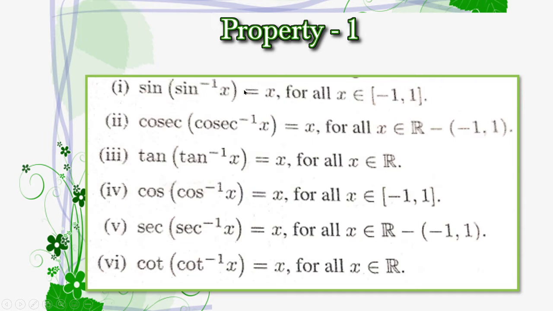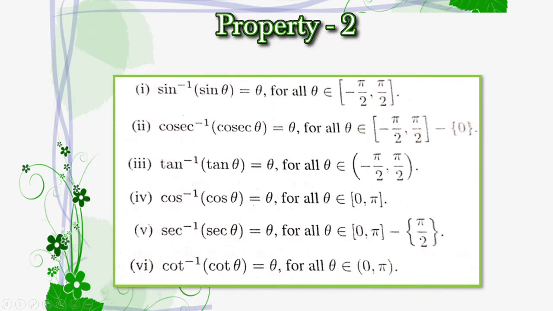It will give us x in return when our domain is -1 to 1 in the closed interval. Basically, if you observe here, the domain of this function is sine inverse x, and what is the domain of sine inverse x? That is -1 to 1 in the closed interval. Same thing applies to all six trigonometric functions.